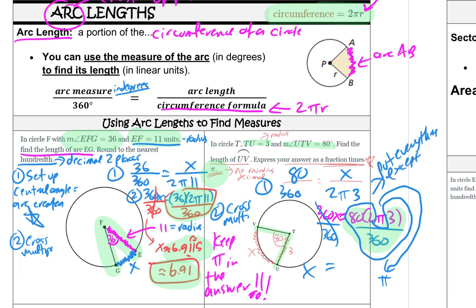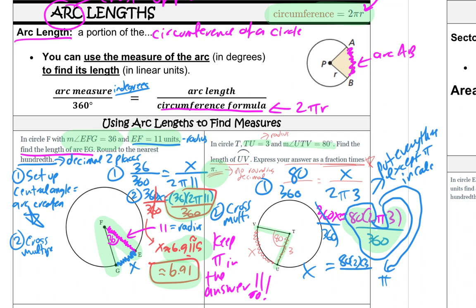So if I put that in my calculator, 80 times 2 times 3 over 360. Basically it'd be like this: 80 times 2 times 360. I'm sorry.